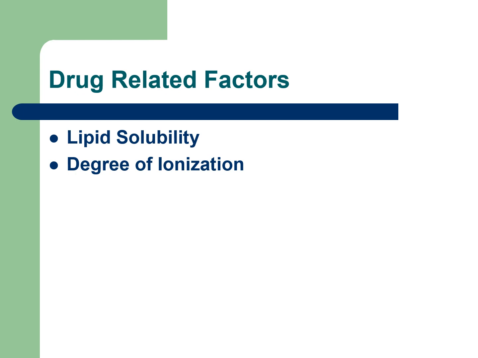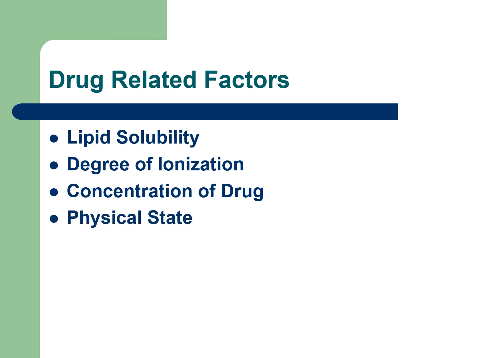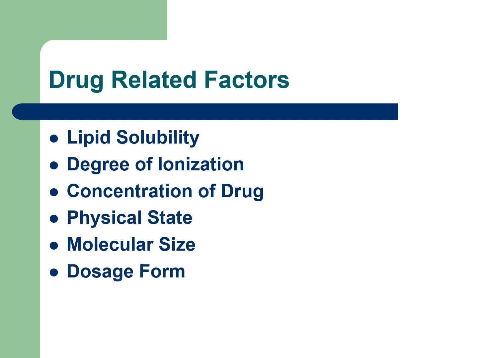If a drug is more ionized, it is going to be water soluble, polar, and hence its absorption would decrease. Then we discussed the concentration of the drug, the physical state, molecular size, dosage form, and particle size.